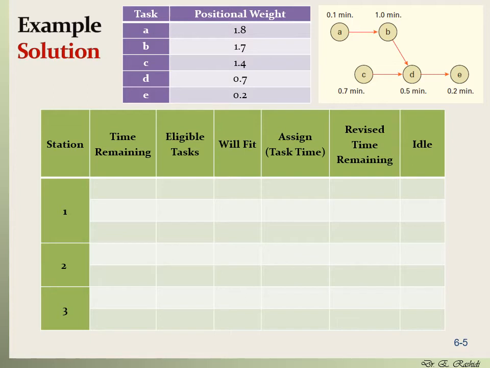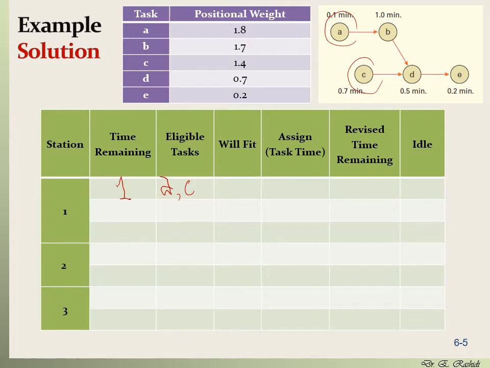We have the positional weights computed from the table we had before. The algorithm starts with workstation 1. We have 1 minute, which is the cycle time. The eligible tasks are task A and C, according to the precedence relationship.